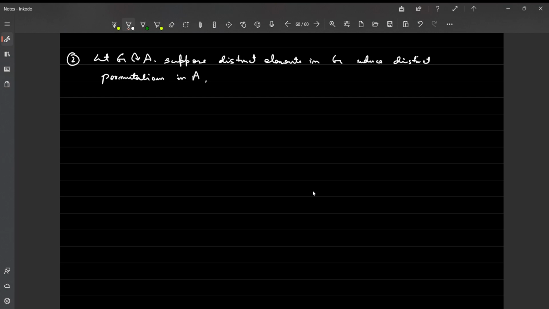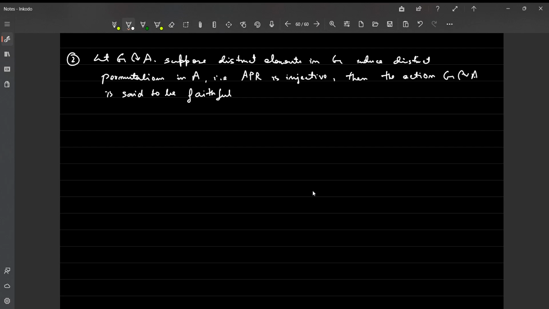The other way of saying this is that the associated permutation representation is injective. Then the action of G on A is said to be faithful. Clear?